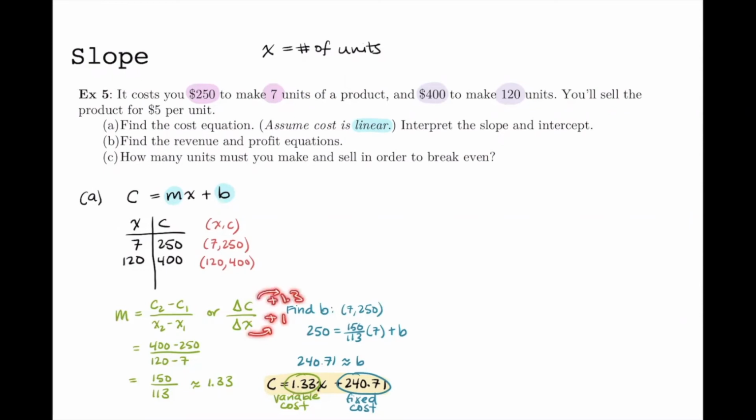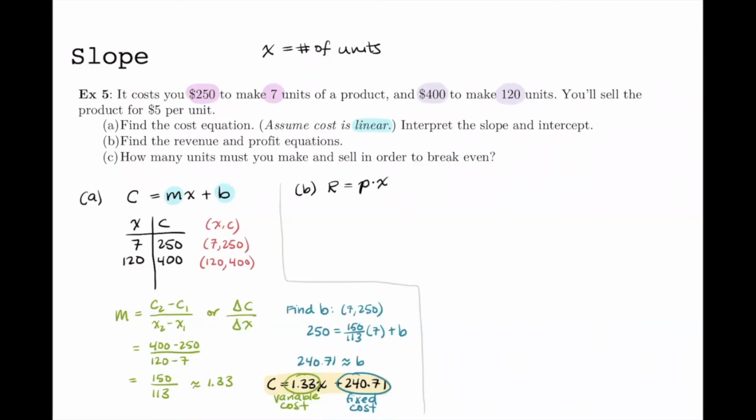For part B, we are going to find the revenue and the profit equations. Now, we reviewed these formulas a while ago, and you will need to know them throughout the semester, so probably a good idea to memorize them as soon as possible. But the revenue formula is always going to be price times x.